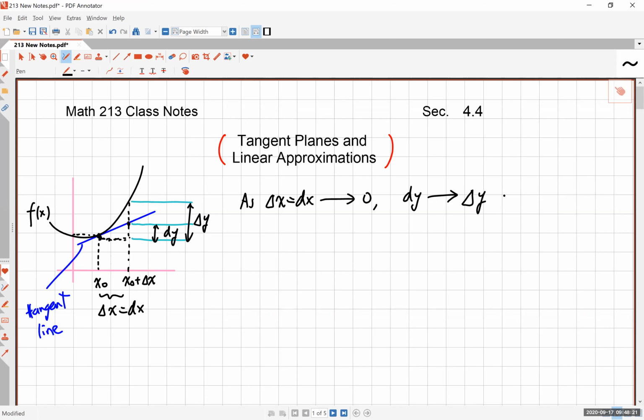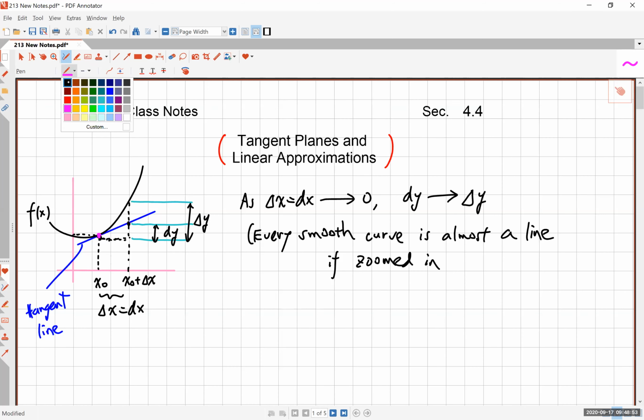Because, and I should mention this, every smooth differentiable curve is almost a line. Does it make sense? Almost a line if zoomed in enough. If you keep focusing on this point and get closer and closer to it.